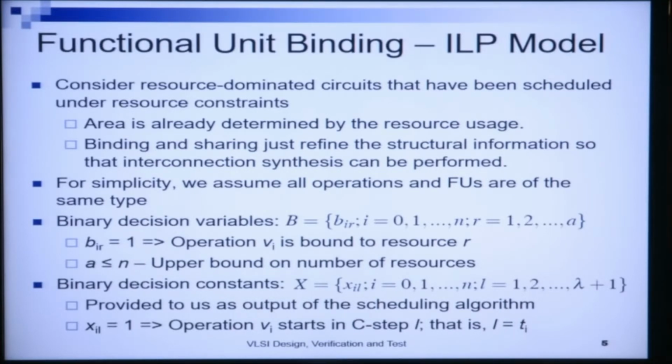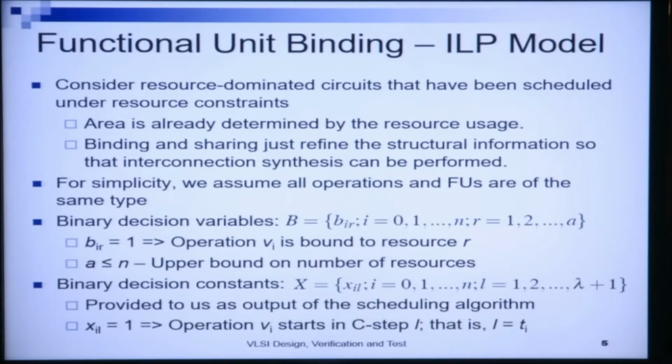Now, to start with the ILP model, again here we need to define a set of decision variables. So, what are the decision variables here? The decision variables are a set B, where it contains many decision variables of type BIR. Now, what are these indices I and R? I goes from 1 to n, the number of operations, and R goes from 1 up to A, the number of resources.